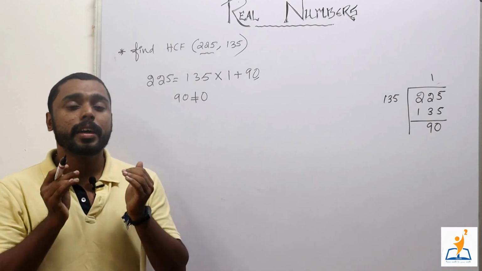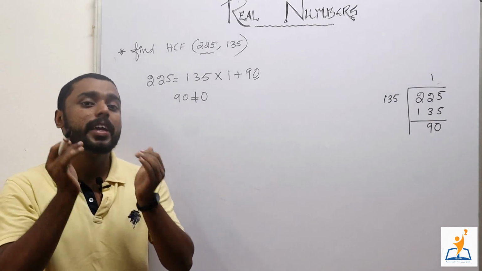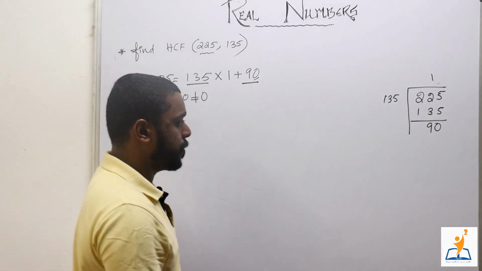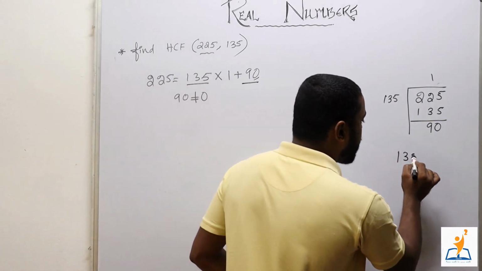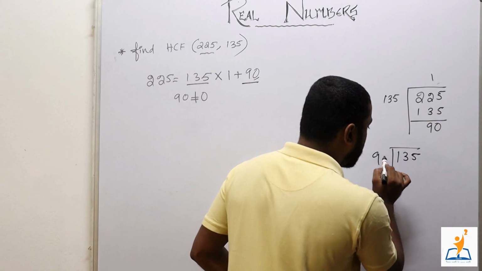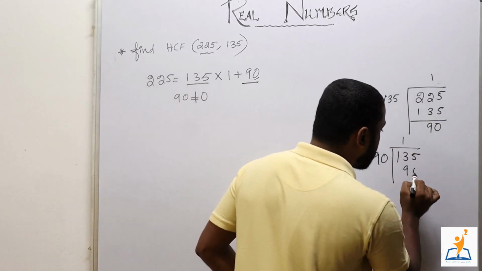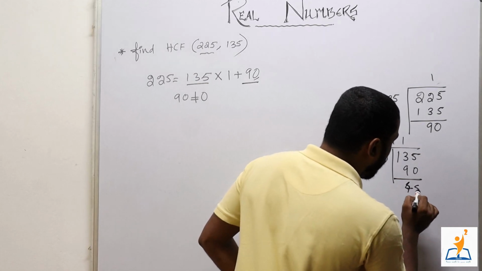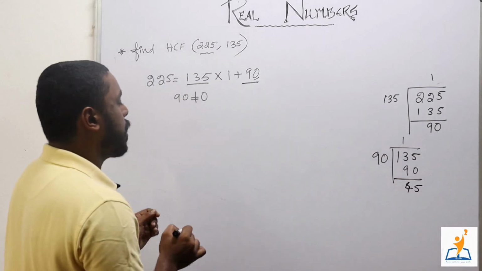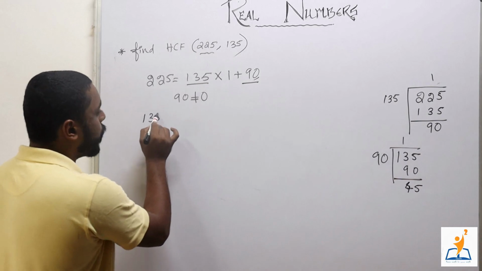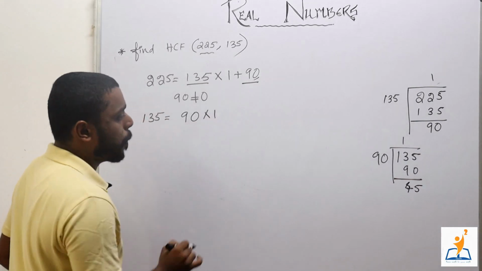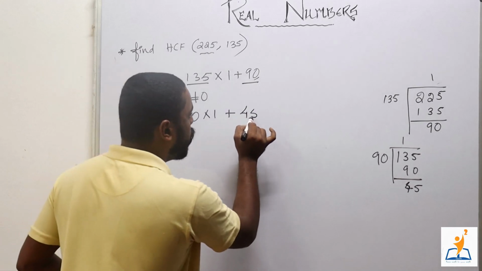So we should apply Euclid's division lemma again to 135 and 90. 135 divided by 90: 1 time 90, and the remainder will be equal to 45. Hence we can represent 135 is equal to 90 into 1 plus 45.